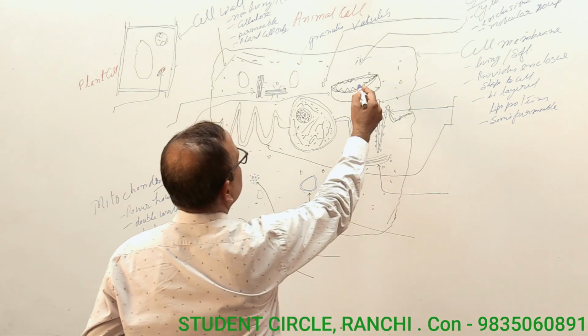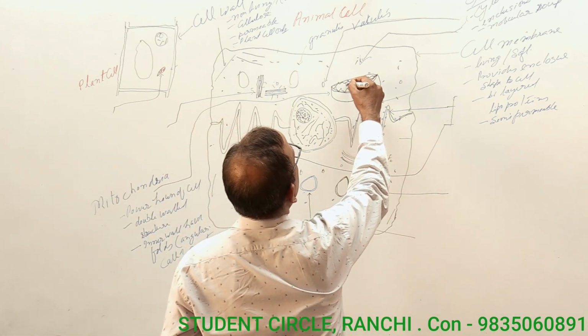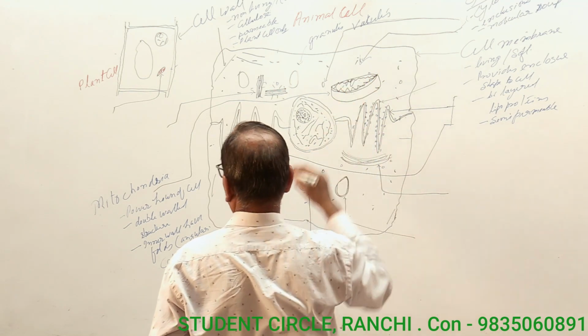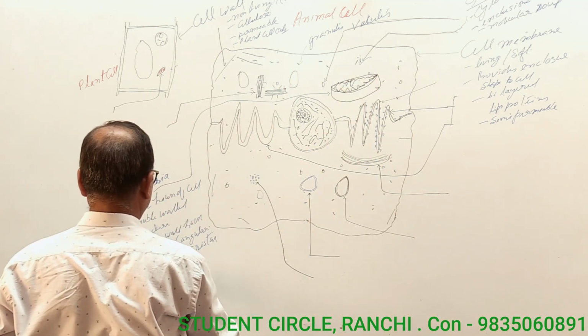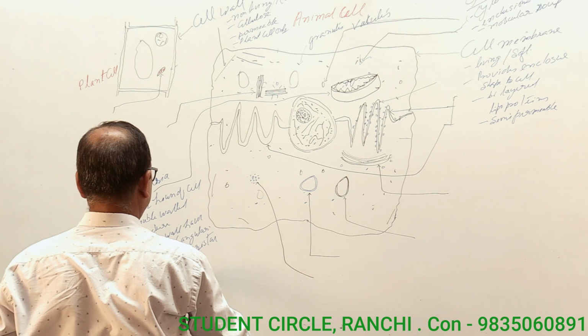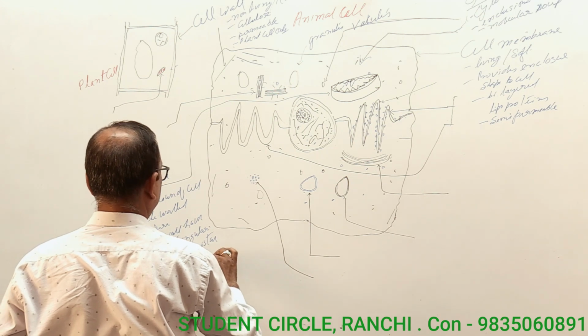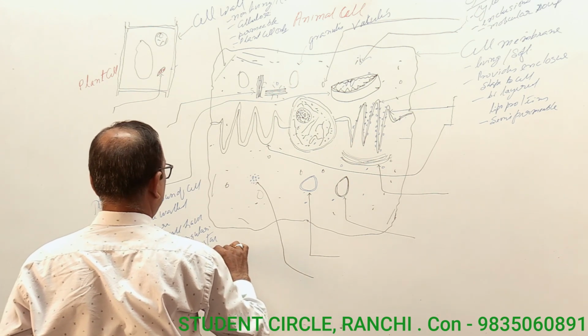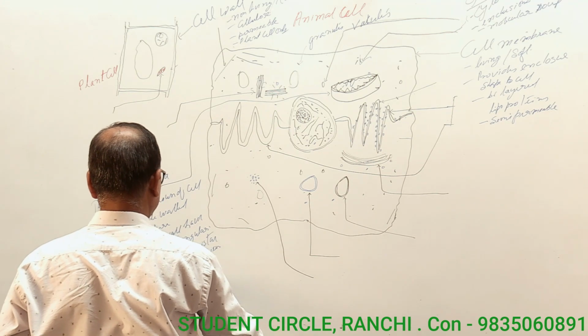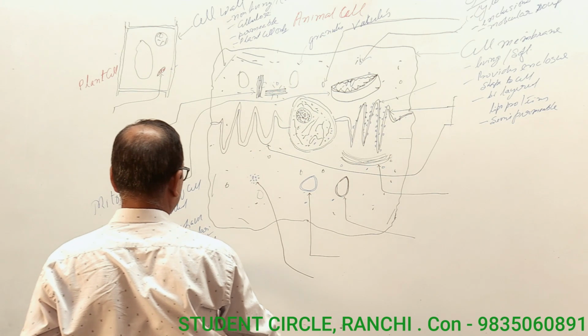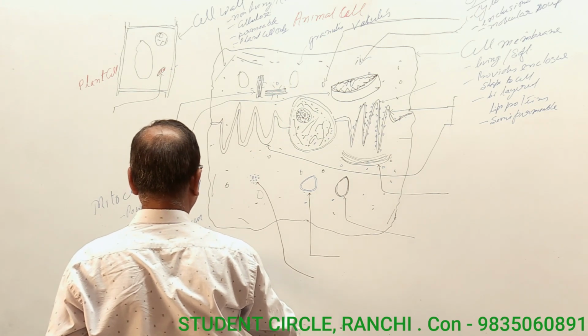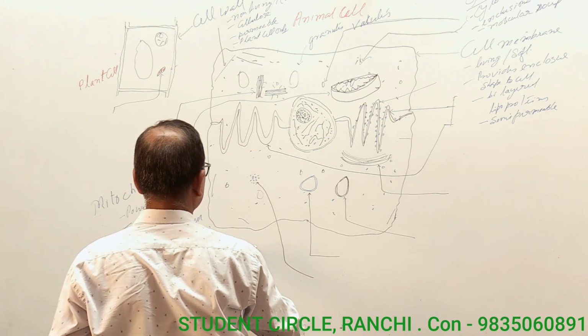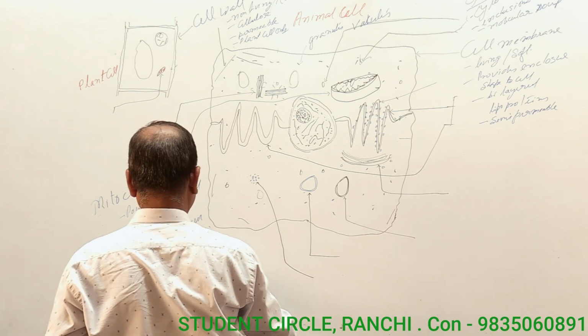And between cristae we have open space. This one is called matrix.